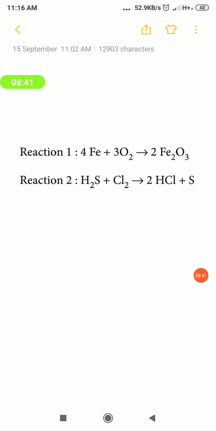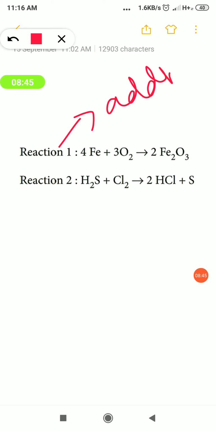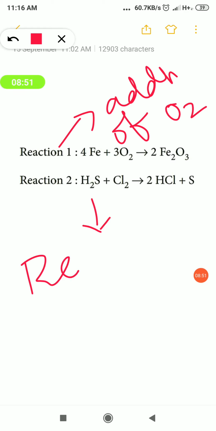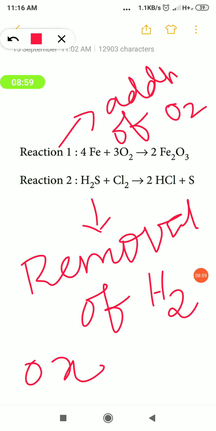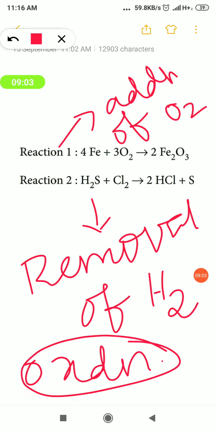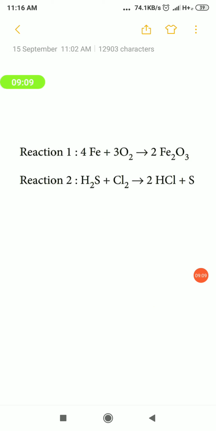Reaction 1ல addition of oxygen, whereas reaction 2ல removal of hydrogen. சரியாமா? So both these reactions are termed as oxidation, since oxidation is addition of oxygen or removal of hydrogen. Is it clear? Okay, now let us see the next example.